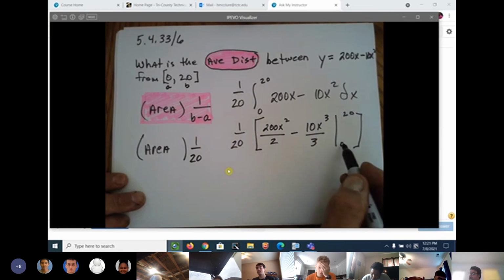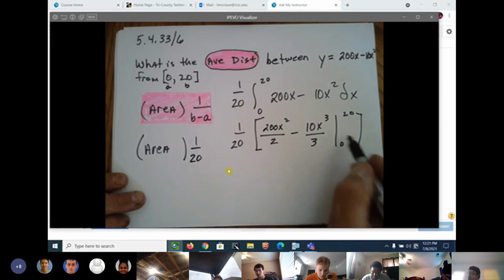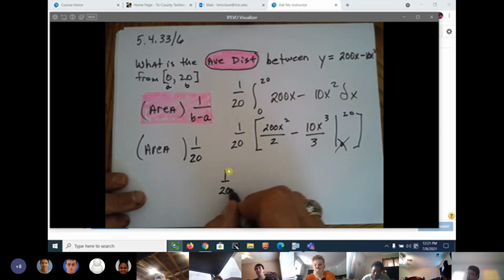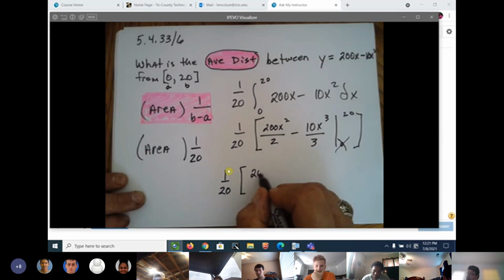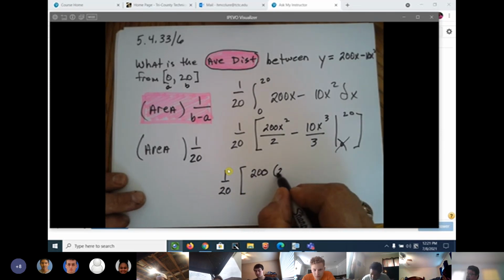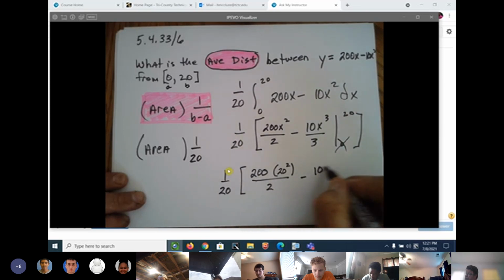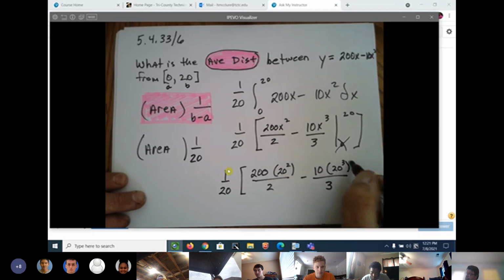Now, what does 0 do? 0 cancels out everything, so you don't have to worry about 0. So 1 over 20 multiplied by 200 times 20 squared over 2 minus 10 times 20 to the third power over 3.